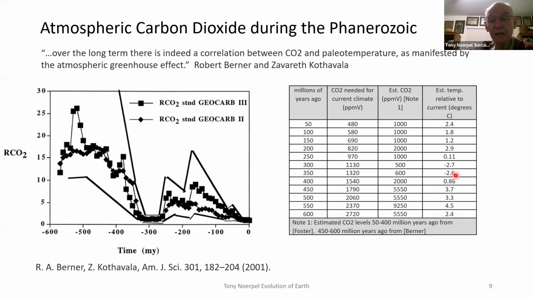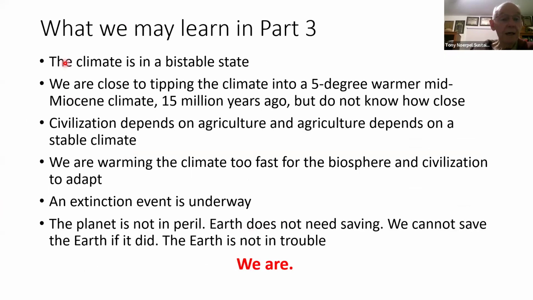There were colder times and warmer times. But it was never warm enough that we were going to cause a runaway climate, even with the relative CO2 levels being very high, or a factor of 10 higher. And that's because of the faint young sun.